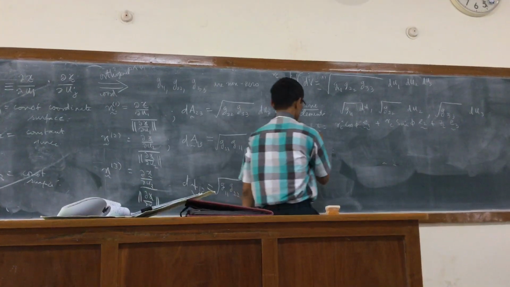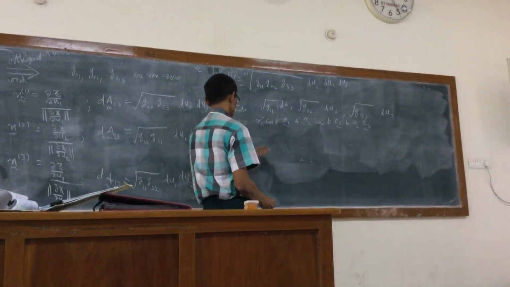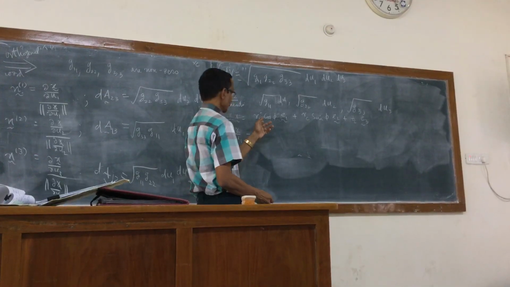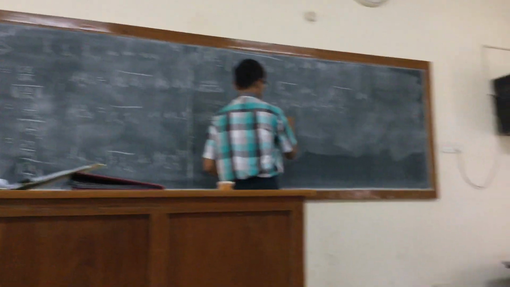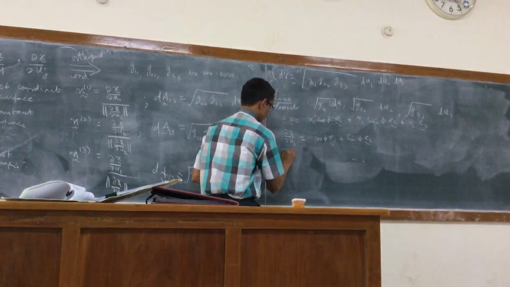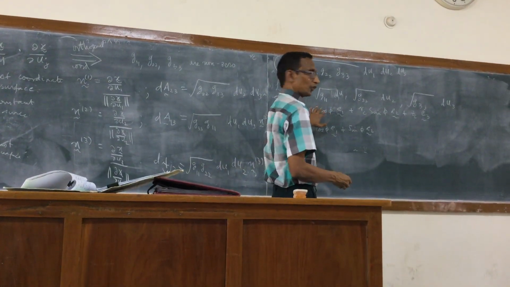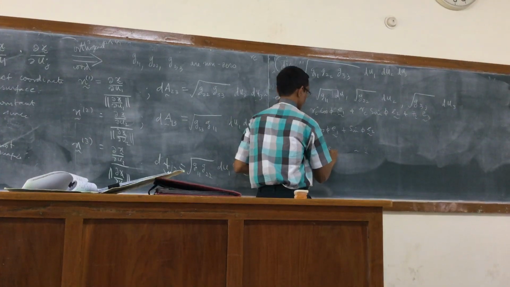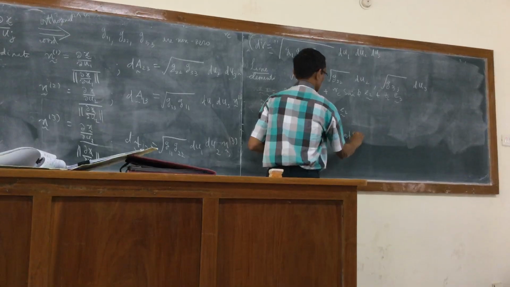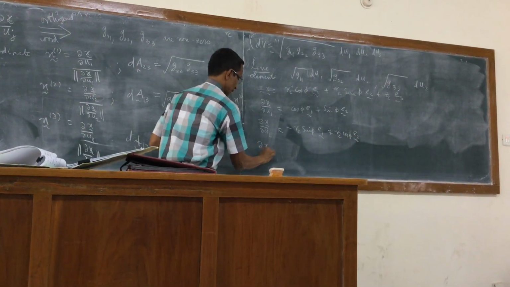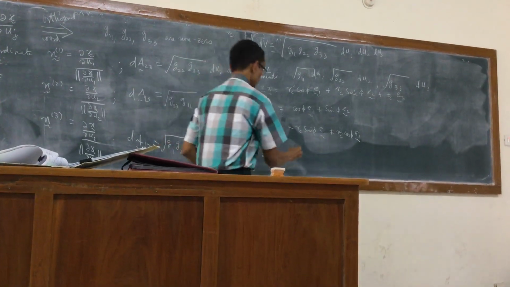So dx by du1 is actually equal to, u1 is rc, so it would be cos phi e1 plus sin phi e2. dx by du2 is differentiation with respect to phi, that would be minus rc sin phi e1 plus rc cos phi e2. dx by du3 is simply equal to e3.